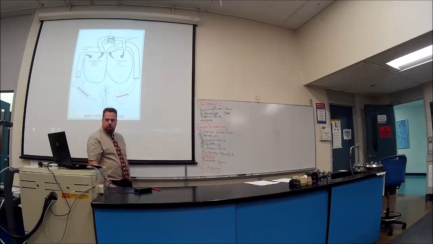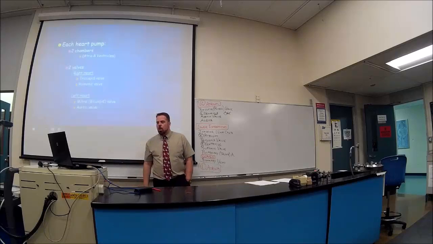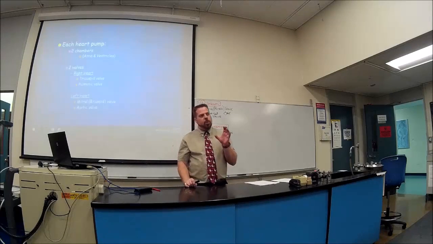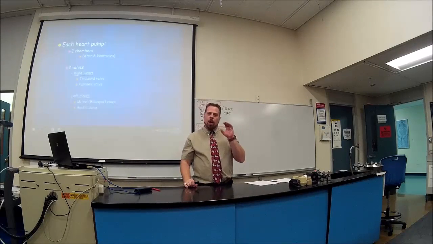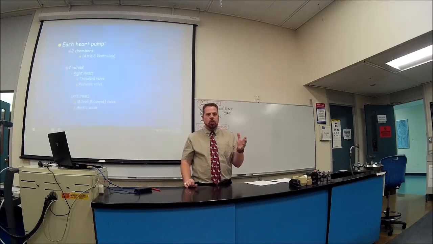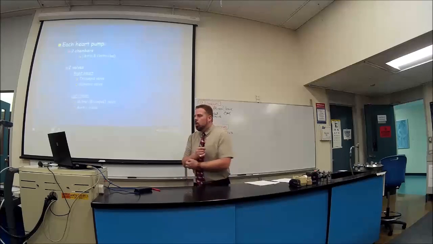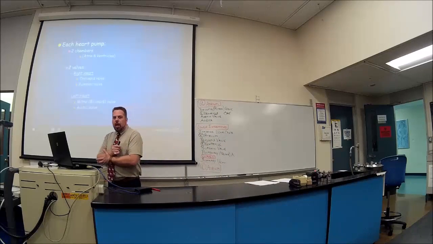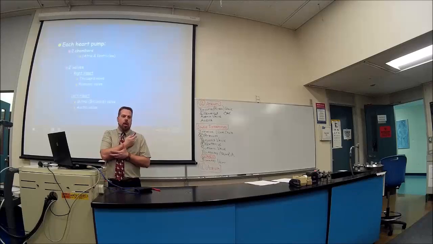So there's our picture. And like I said, we have two parts. Well, the right heart and the left heart have similar structures and similar cavities. The right heart has a right atrium and a right ventricle.